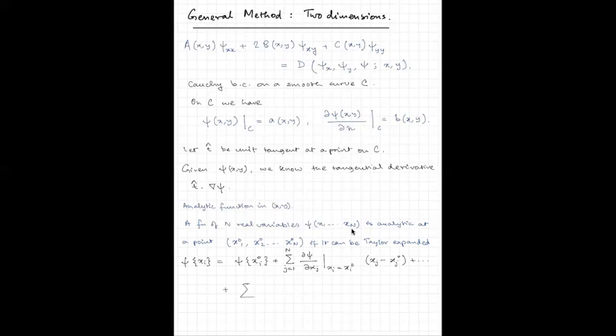Sum over all n1, n2, ..., nn with n equal to the sum of the ni, of factorial n by factorial n1 factorial n2 ... factorial nn, times del n psi by del n1 x1 del n2 x2 ... del nn xn at x naught, of course.